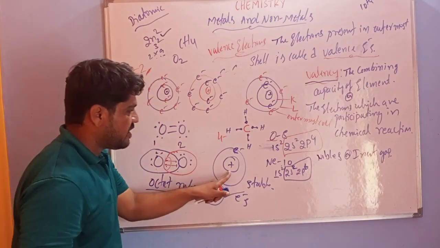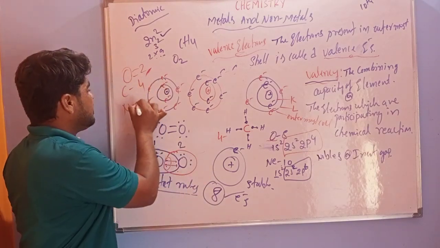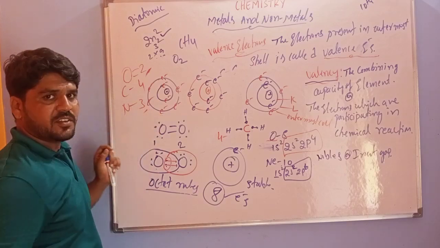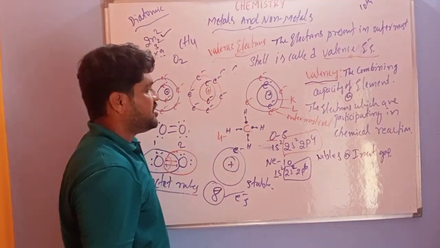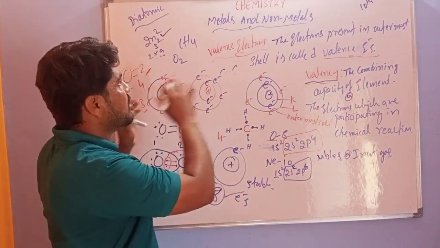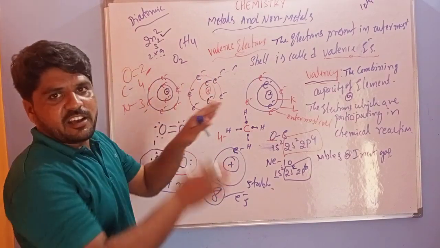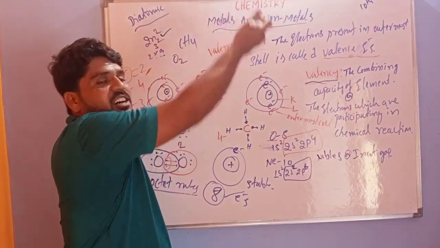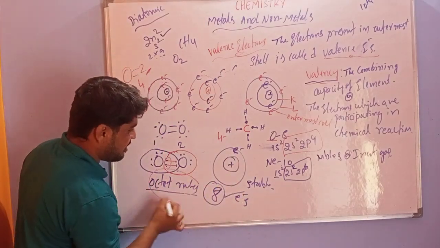So like this, carbon has valency 4. Nitrogen 3. So day by day you have to practice all these things: electronic configuration, valence electrons and valency. You have to know all these things clearly, then only you can understand how metals react with non-metals.